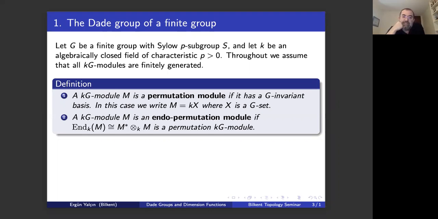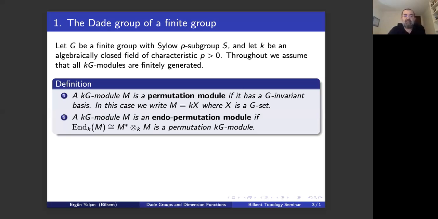So this is sort of easier representation theory than others. Now, we will be looking at something a little bit more complicated called endo-permutation modules. These endo-permutation modules have the property that if you tensor M with its dual, you get a permutation module.